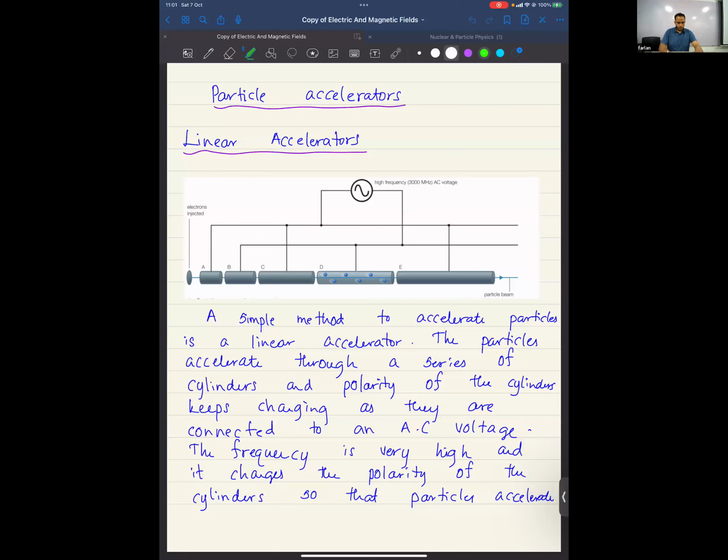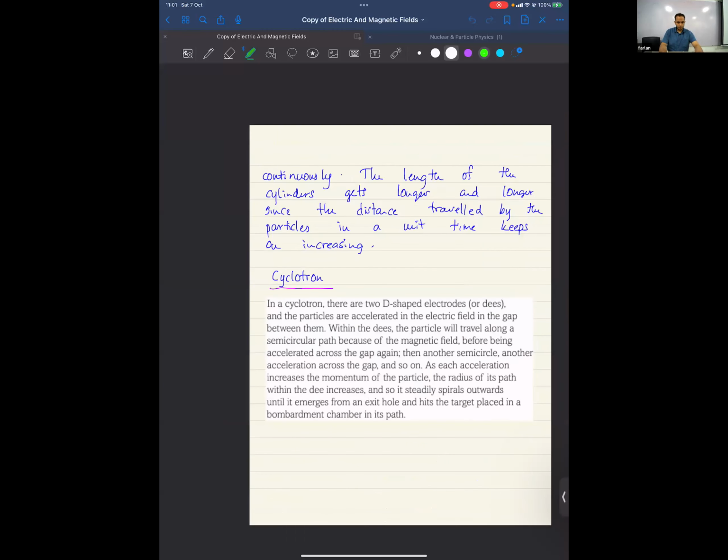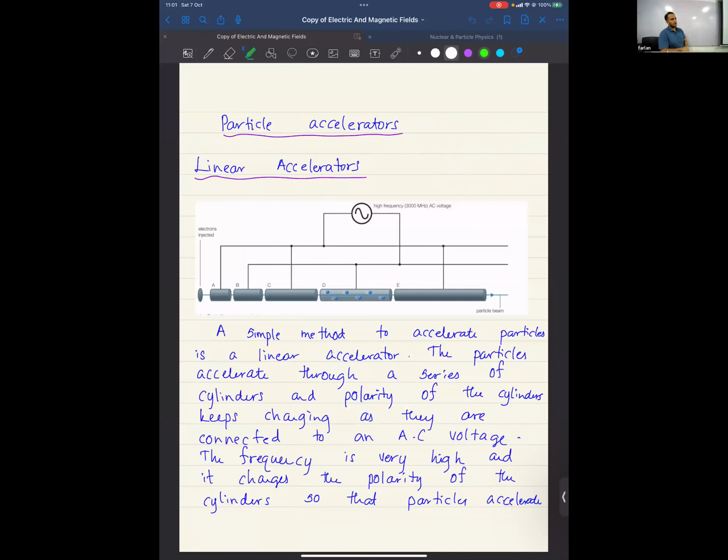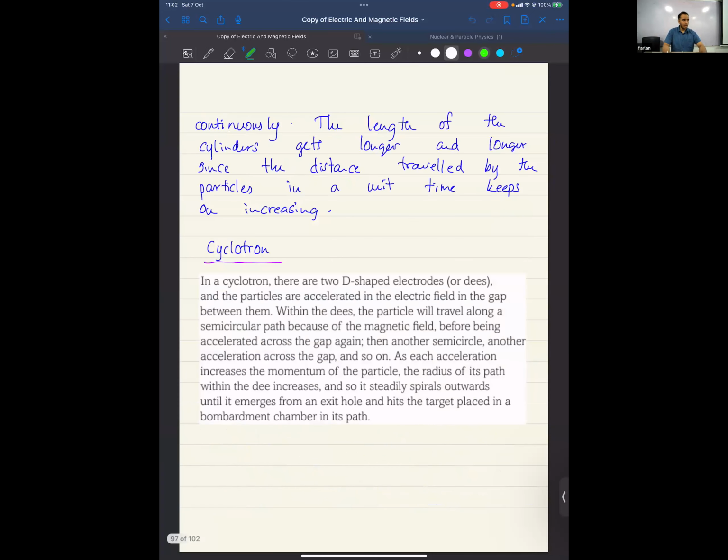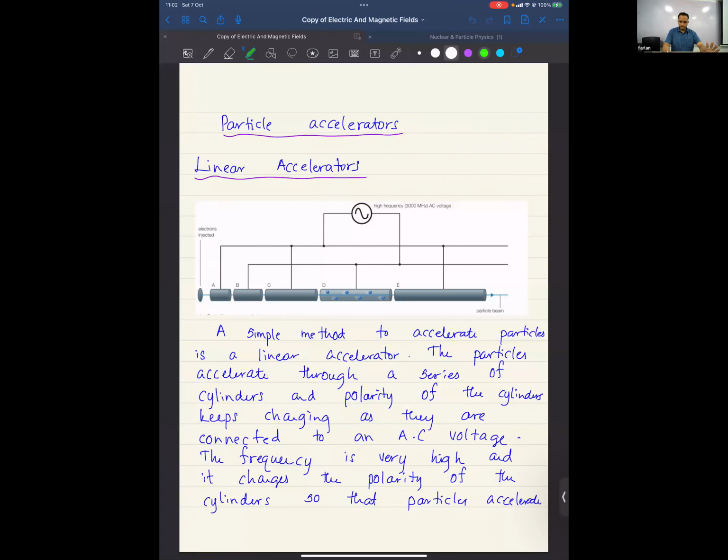Full stop. The frequency is very high, and it changes the polarity of the cylinders so that particles accelerate continuously.